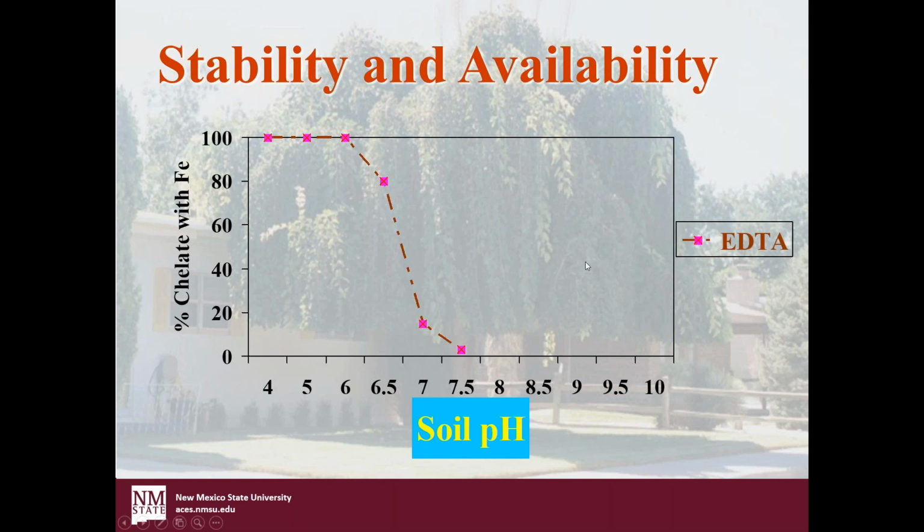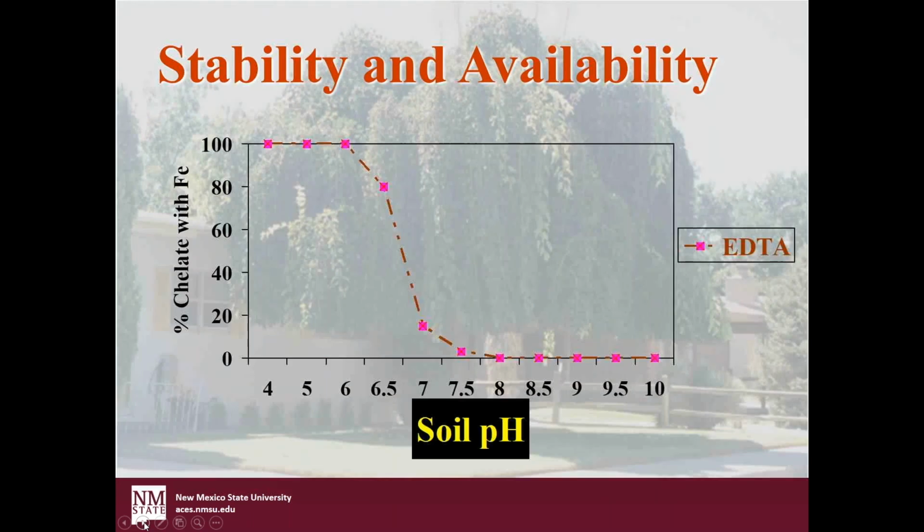As we go up to near 7.5, we have very, very little. Even at a 7 pH, we have less than 20% of that iron still available to the plant. It's been used up by the clay, by the reactions that occur in the soil. And by 7.5 and above, we do not see any benefit for that particular chelate. So it's just a chemistry type issue with that product.